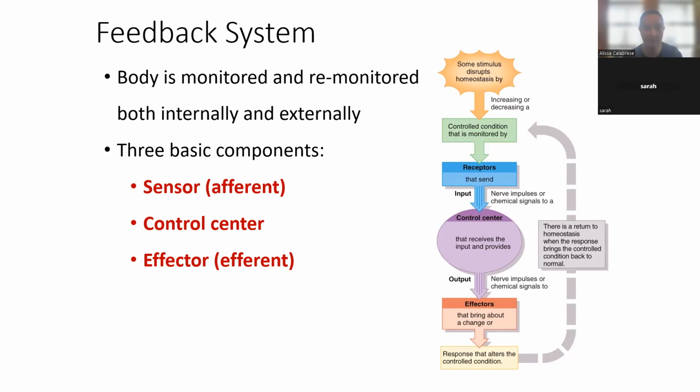The sweat glands will receive a message from the brain that it's time to start sweating. As you produce sweat, it evaporates and creates an evaporative cooling that cools your body temperature down, right? So sensor, control center, effector, always in that order, right? And eventually, hopefully, we get back to homeostasis, at which point the sensor can shut off and it's no longer sending that warning signal to the control center anymore.